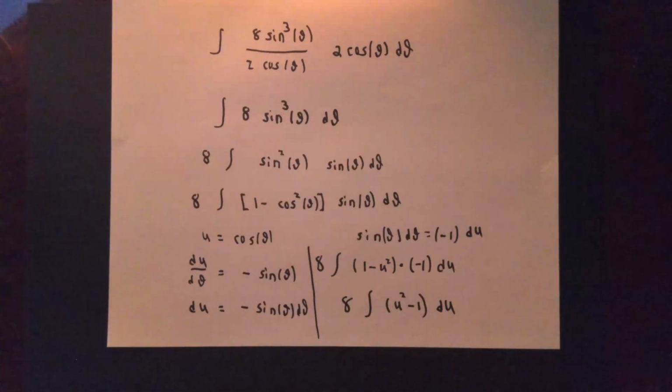This is easy. U squared minus 1 is a polynomial in terms of variable u. Integrating the polynomial, I get 8 times the quantity 1/3 u cubed minus u plus the constant of integration. Remembering that u is just cosine theta, I can write this back in terms of theta again.